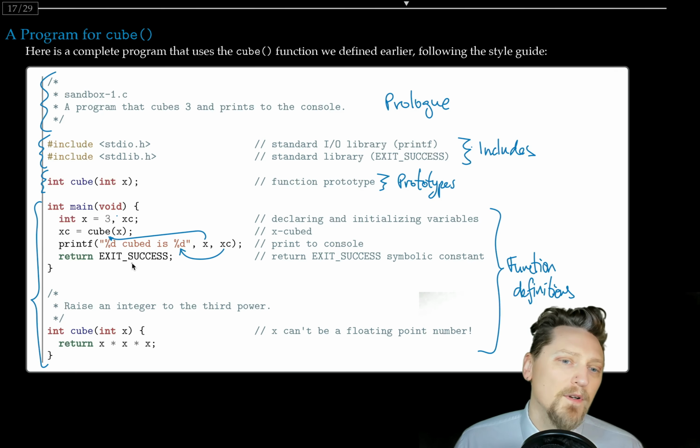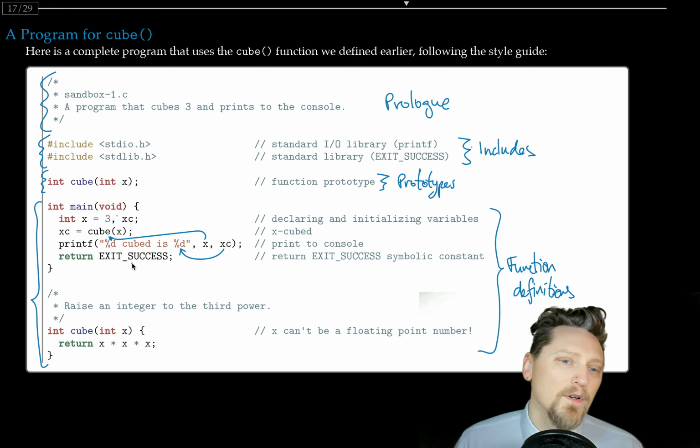EXIT_SUCCESS does evaluate to 0, so people will often just put return 0. If your main returns something other than 0, that is an indication that there was an error at some point. So the error code would be passed back. If the error code is 0, it's not an error at all. It means that you have successfully run your main program.